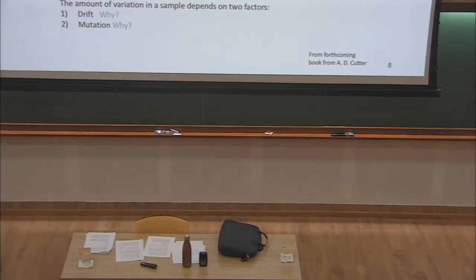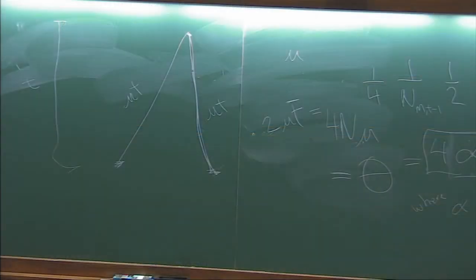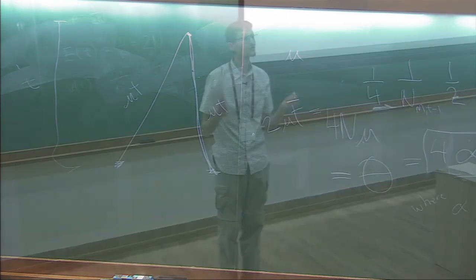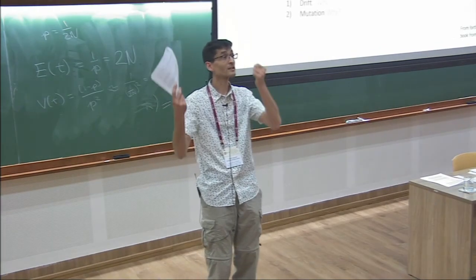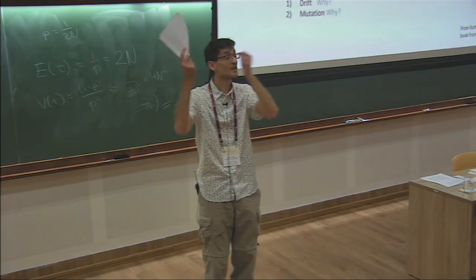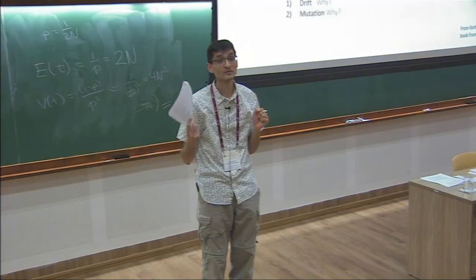Okay, so we thought about 2 alleles coalescing. Let's think about if we start with 3 samples, the time until the first coalescence. Essentially, the time to go from 3 alleles back in time until we have 1 coalescence, leaving us with 2 alleles.